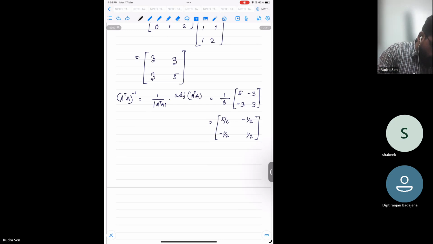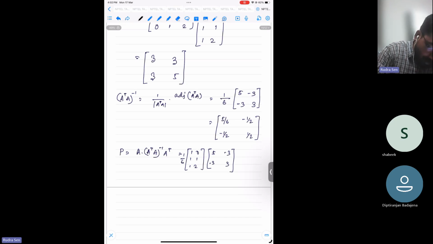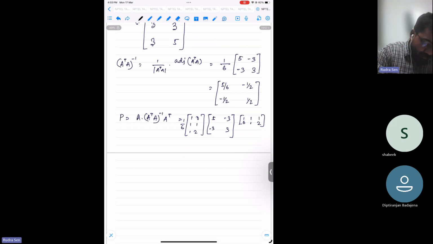So my capital P is A (A transpose A) inverse A transpose. A is [1 0; 1 1; 1 2], with 1/6 times [5 -3; -3 3] as the inverse, and then A transpose.